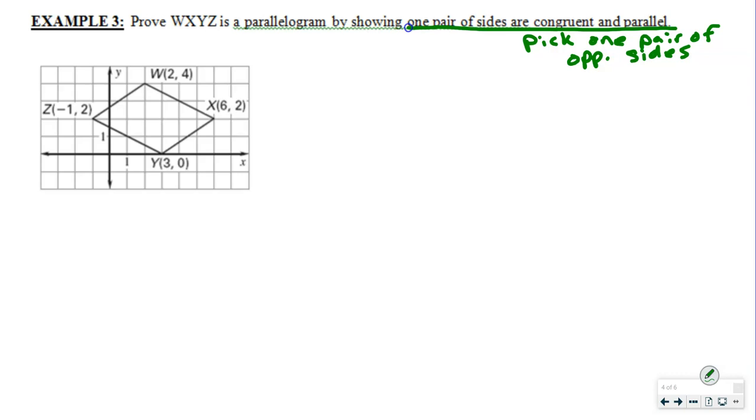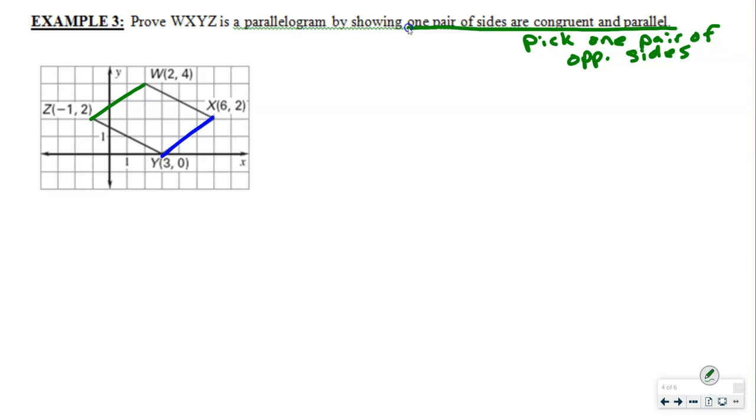So we could go about this two different ways to show it. We could either show ZW and YX are parallel and congruent, or we can show ZY and WX are congruent and parallel. So I'm going to use ZW and YX. I want to show that they're congruent, and I want to show that they're parallel.